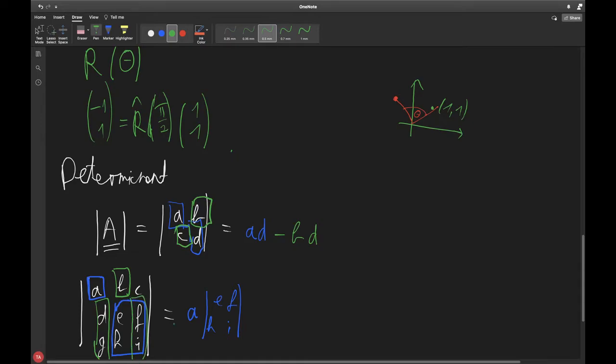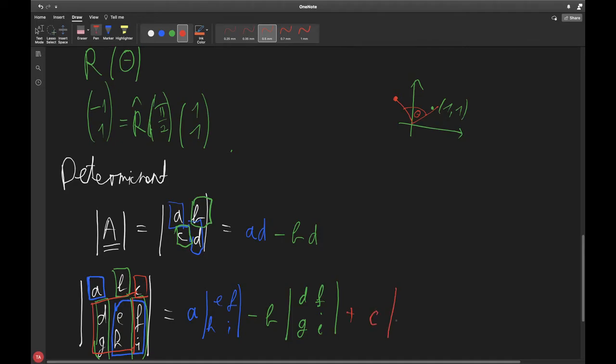So that's going to go with the minus sign, minus B, and the determinant of the D, F, G, I. And then with the red, I have the C and the determinant of this submatrix with the plus sign.